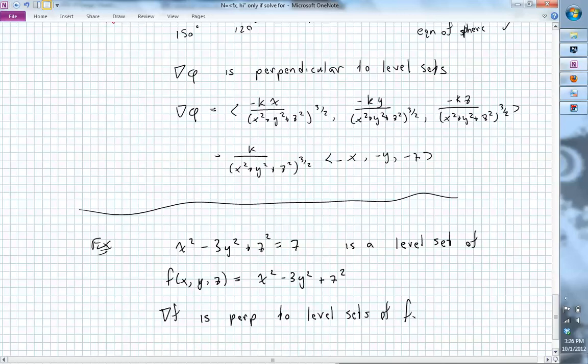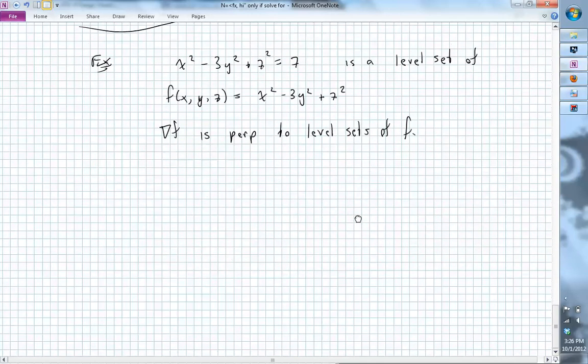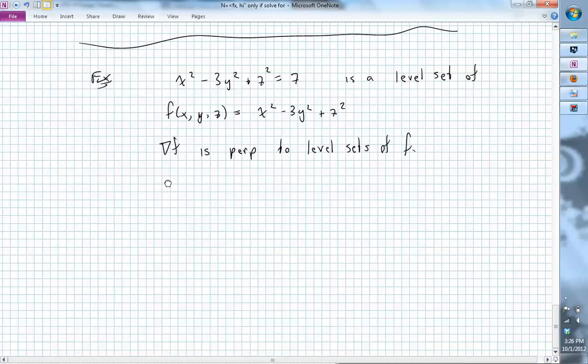I basically took this thing and built my f out of it. Well, let's find the gradient of this guy. Remember that the gradient of f, when you have 3 variables, is f sub x, comma f sub y, comma f sub z. So let's get those 3 derivatives in place.